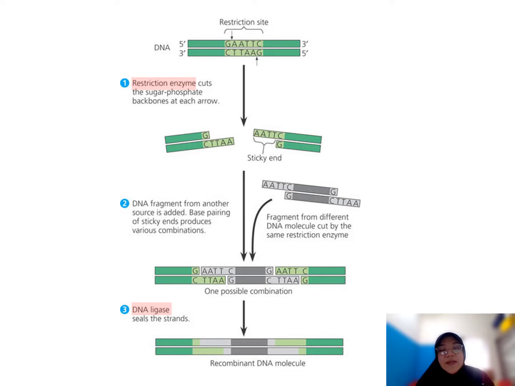After cutting the plasmid, it will produce sticky ends. Then the sticky ends will be combined with the gene of interest that is extracted from plants or animals.